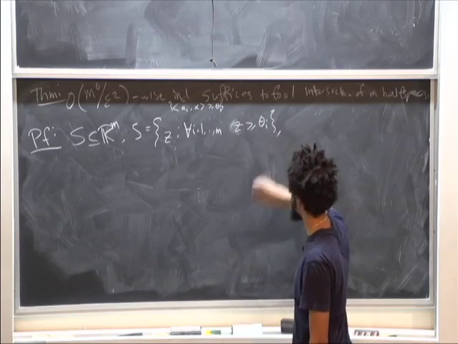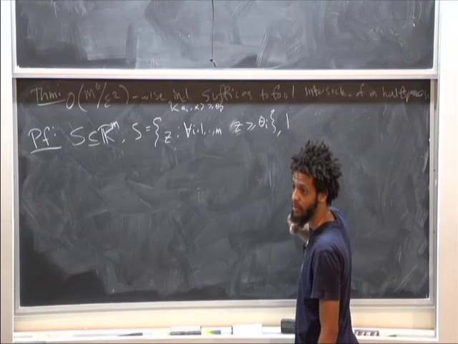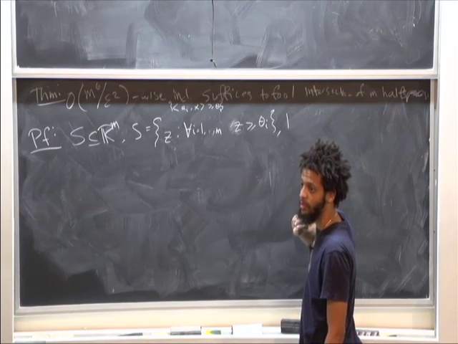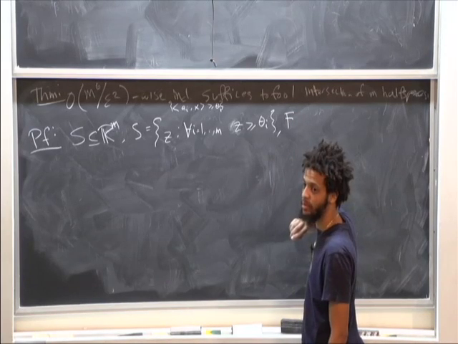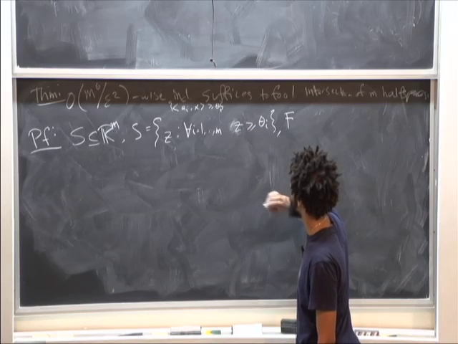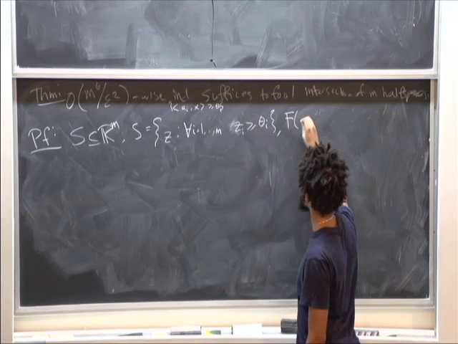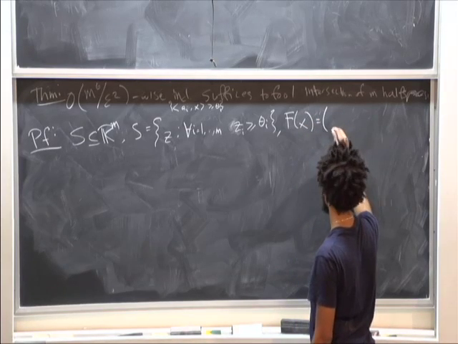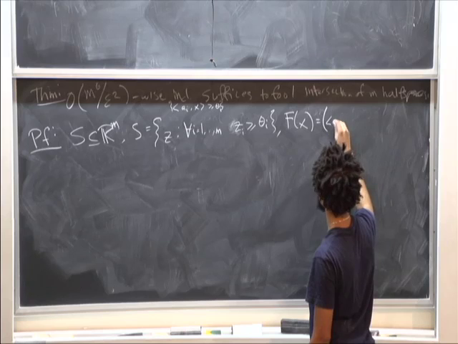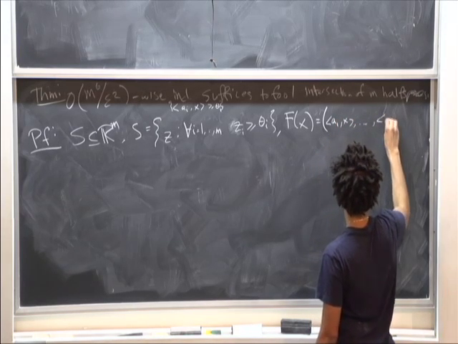Okay, and also let me define a map, capital F. Capital F of x is equal to (a1 dot x, ..., am dot x).